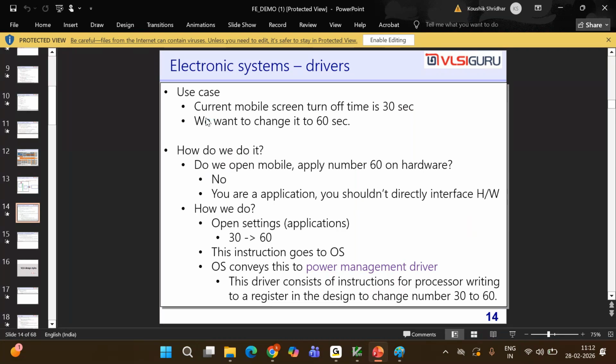Some people keep it as never, which means the display never turns off until you hit the power button. We do all this to save the battery of our mobile phone. With a 30 seconds screen off time, your battery may last 1 or 2 hours extra. So this is one use case scenario.